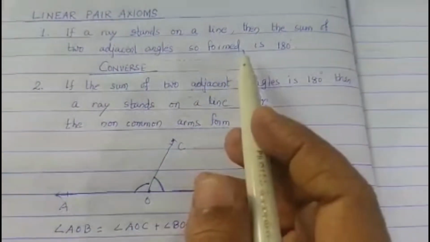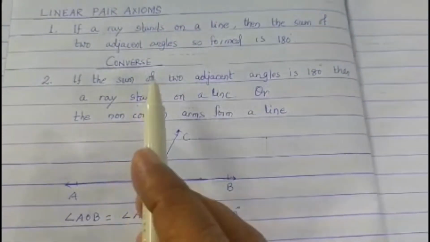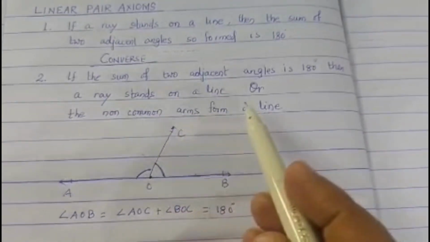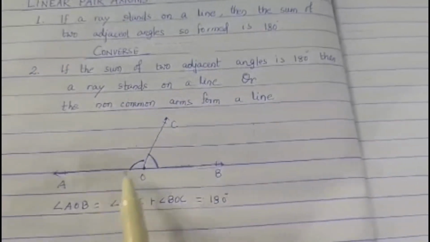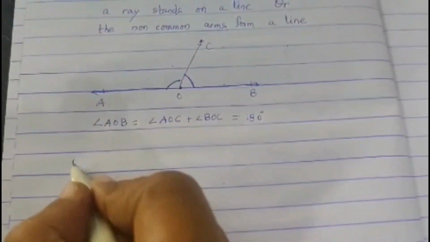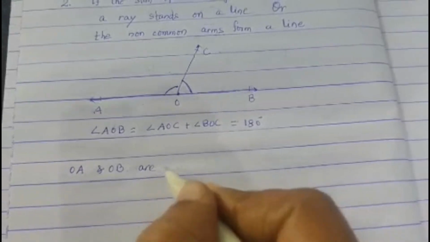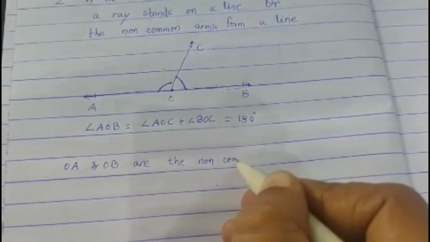If a ray stands on a line, then the sum of the two adjacent angles so formed is 180 degree. And the converse of this, if the sum of two adjacent angles is 180 degree, then a ray stands on a line, or the non-common arms form a line. OA and OB are the non-common arms. OC is the common arm.